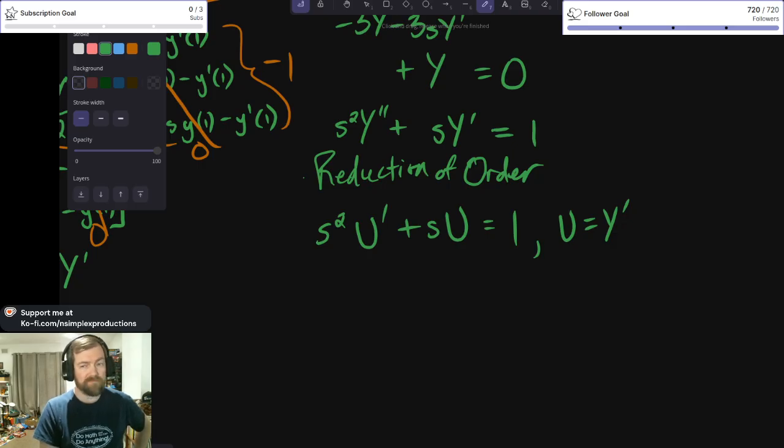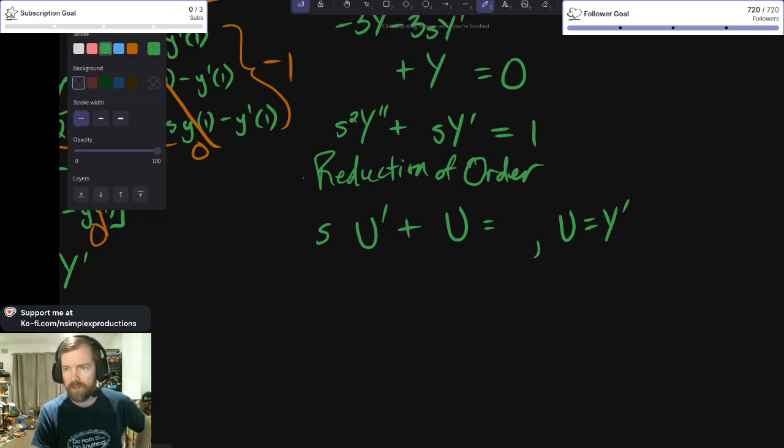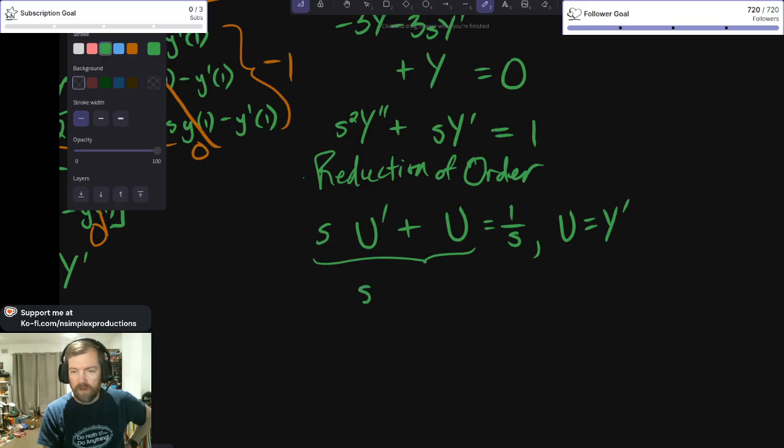We could also, in theory, take this and say, okay, our integrating factor is going to be 1 over s. And then this is actually not that bad. This is going to be s u prime equals 1 over s.